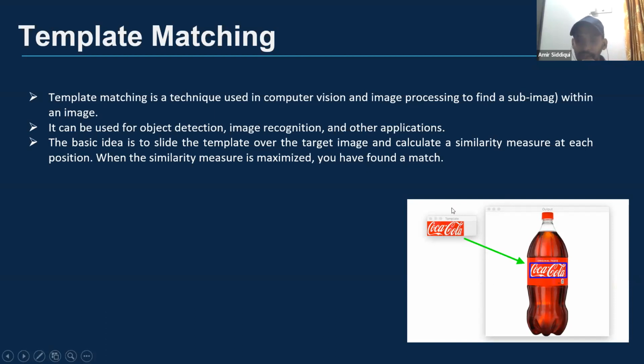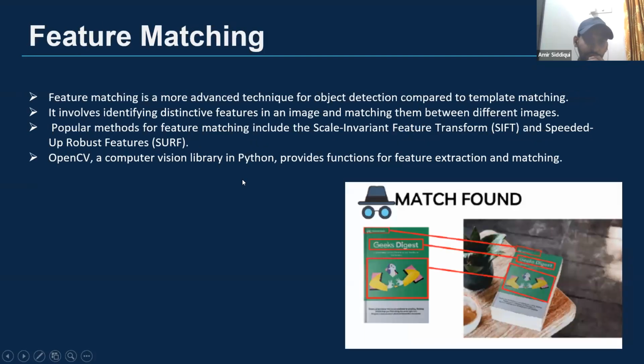If you are able to correctly match it with this Coca-Cola bottle, then your model is doing well. So this is template matching that we can do with the help of OpenCV, where you will have 15 or 20 or any number of soft drinks, and you have to match that template against them and find which is the correct one. So that is template matching.